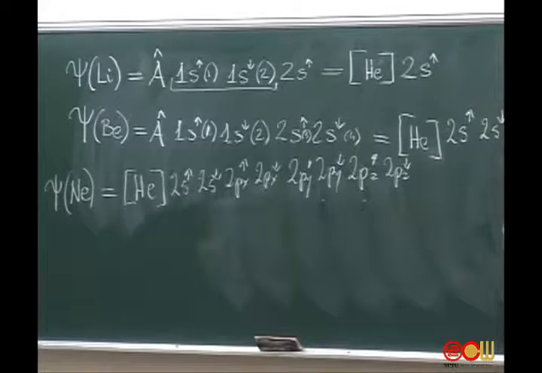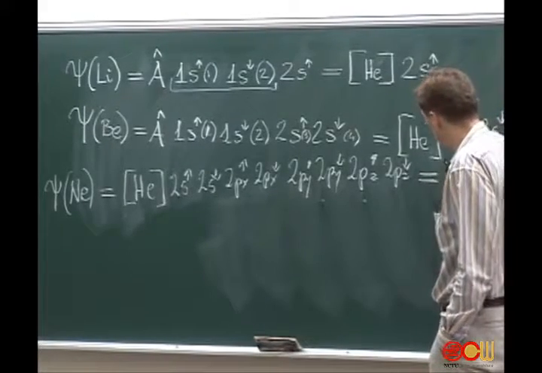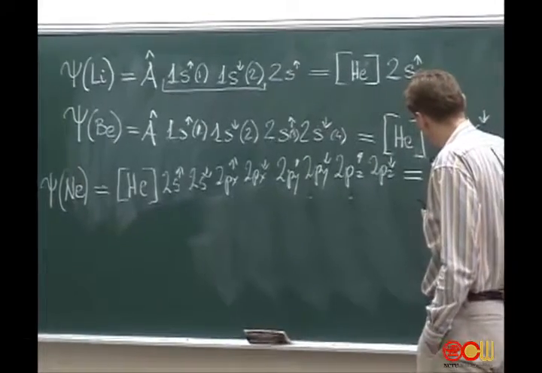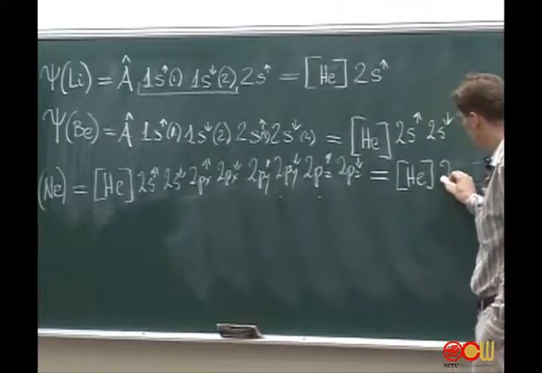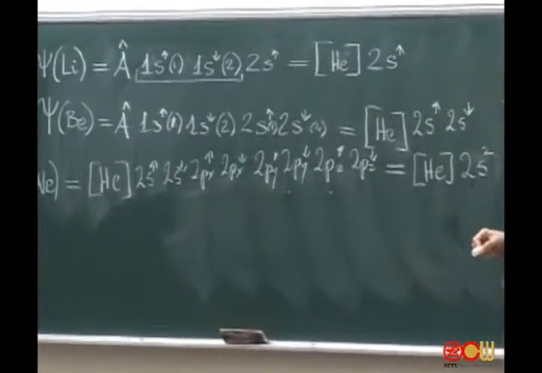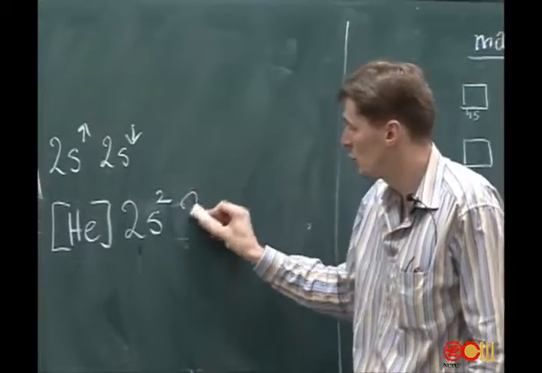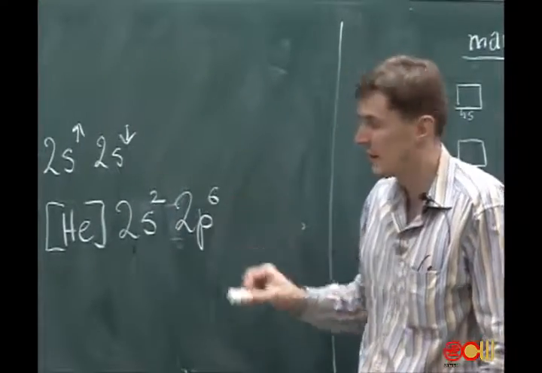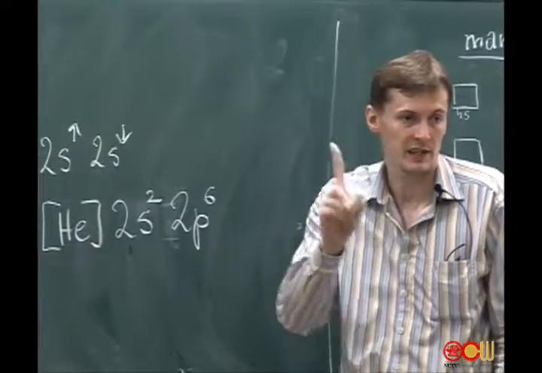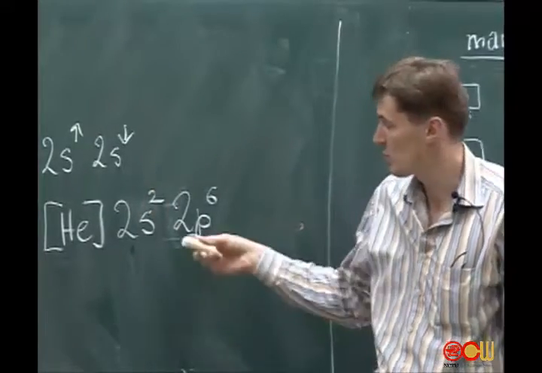Again, long. Too long. What do people do? Well, like always. They say that this is nothing else than helium, 2s with 2 electrons. If 2 electrons, one must be up, one must be down. 2p with 6 electrons. Okay. There must be px, py, pz, px, py, pz, 6 electrons. This is much shorter.